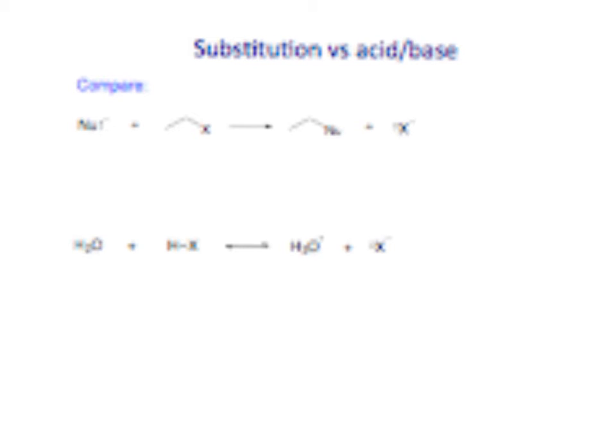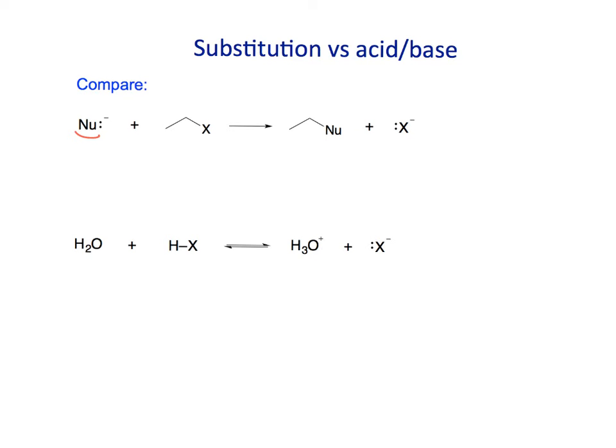I think it is easiest to understand the role of the leaving group if we compare a substitution reaction to an acid-base reaction. So the top reaction here is just a generic substitution reaction. Notice that we have a nucleophile. That nucleophile is reacting with this alkyl halide.